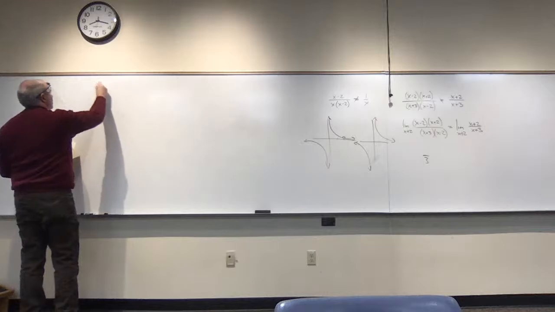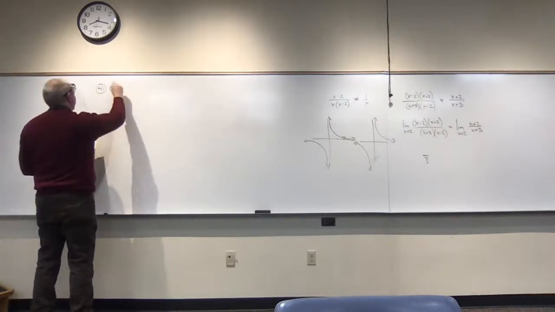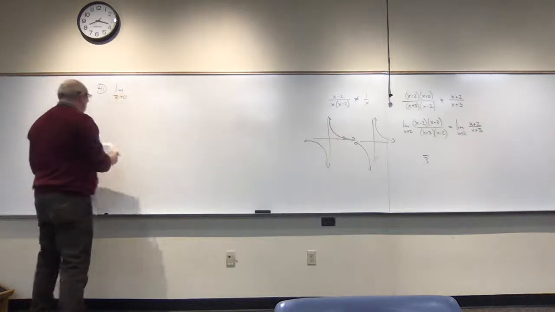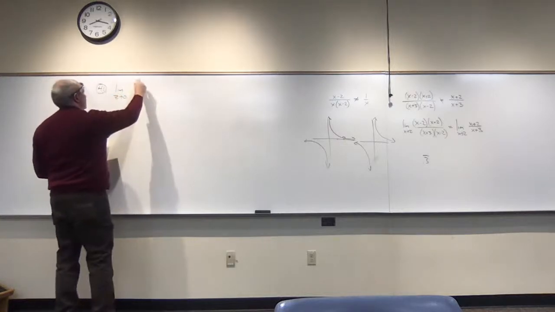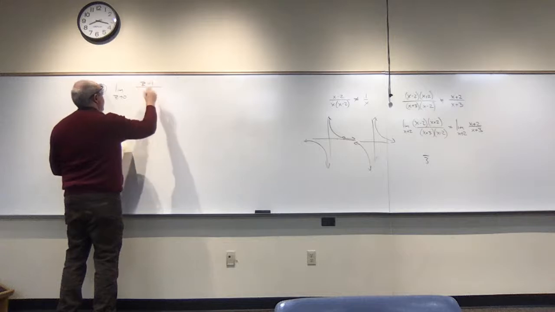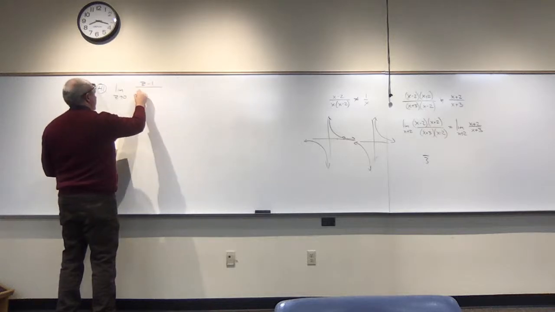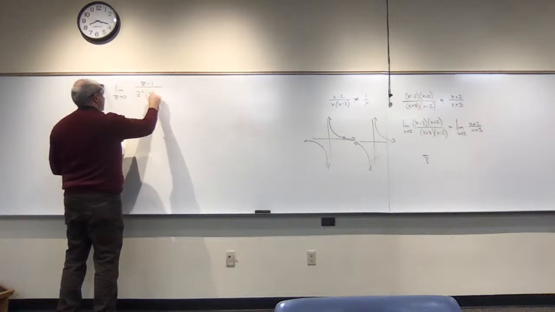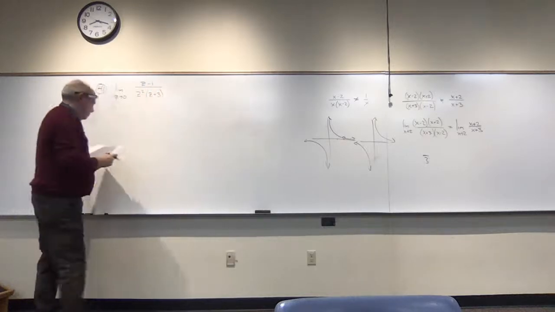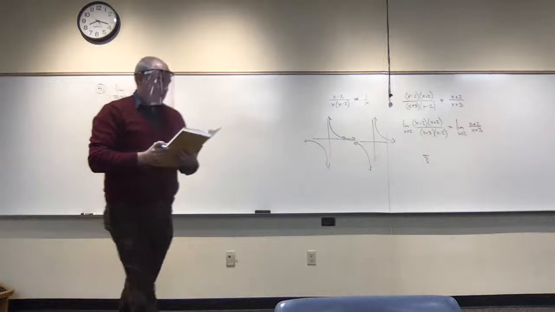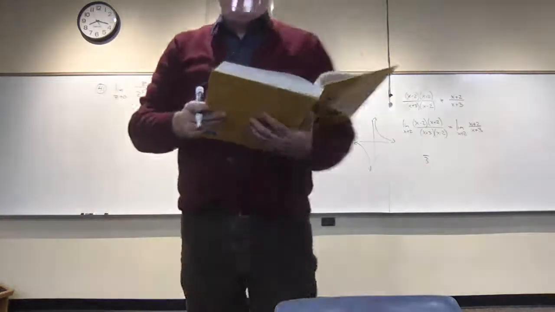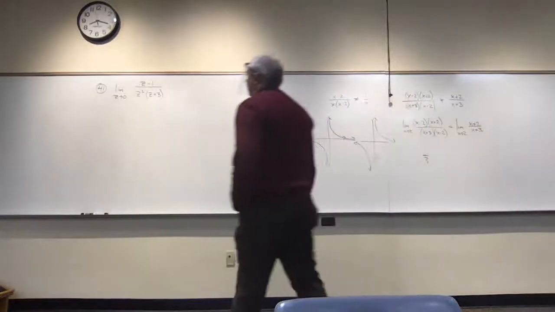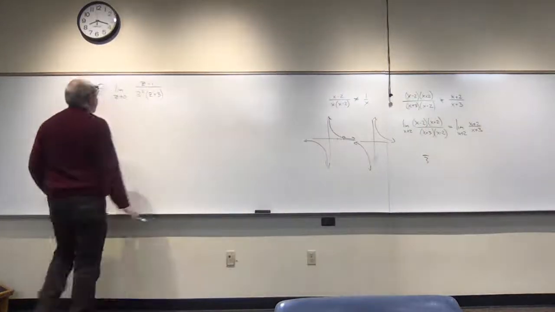So 41, we have the limit as z goes to 0 of (z minus 1) divided by z squared times (z plus 3). And the question is, what happens here as z goes to 0?